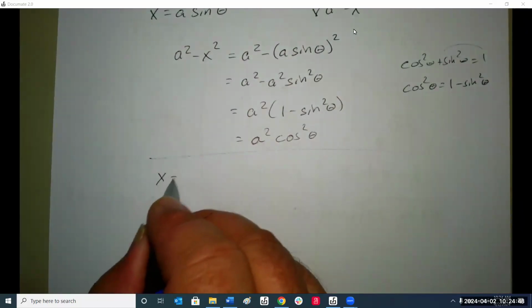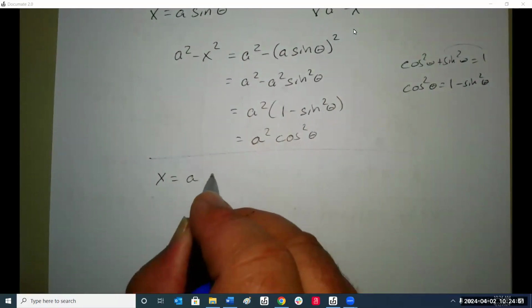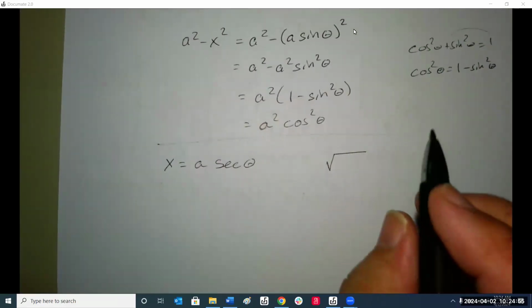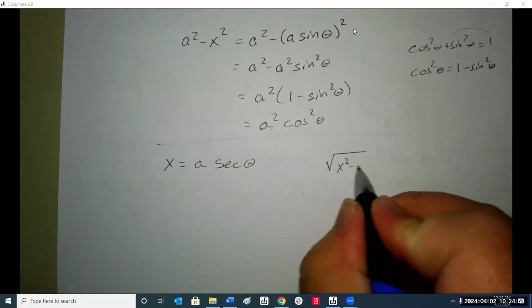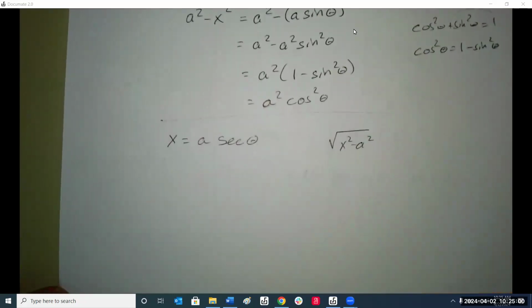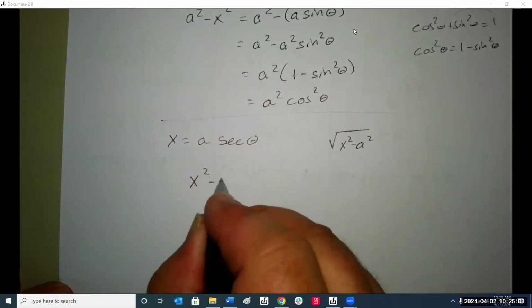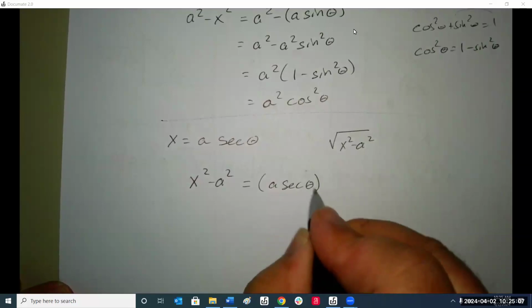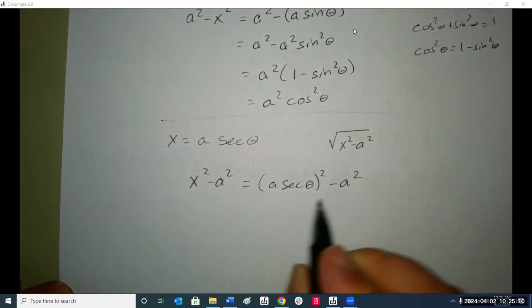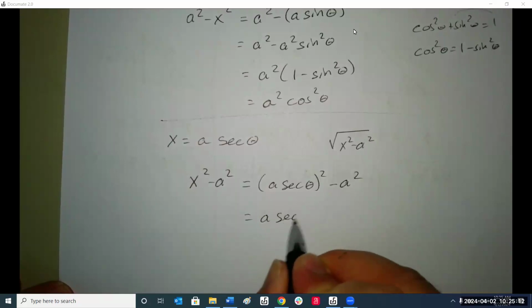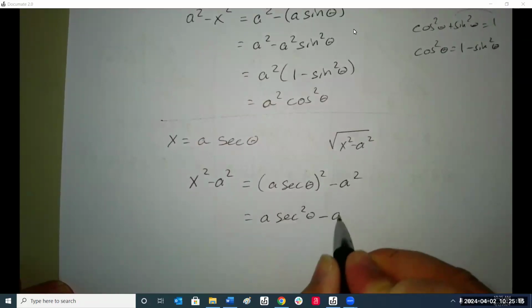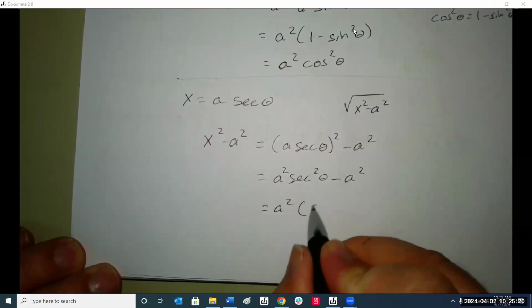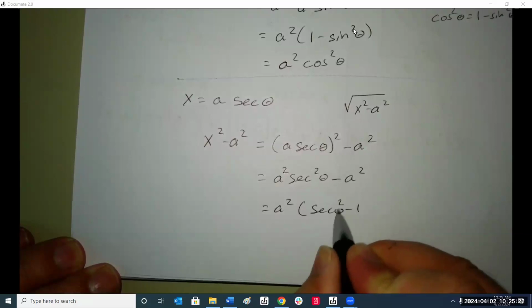And then with x equals a secant theta, we get x squared minus a squared. So it's x squared minus a squared equals a secant theta squared minus a squared. We can factor out an a squared, which gives us secant squared minus 1.